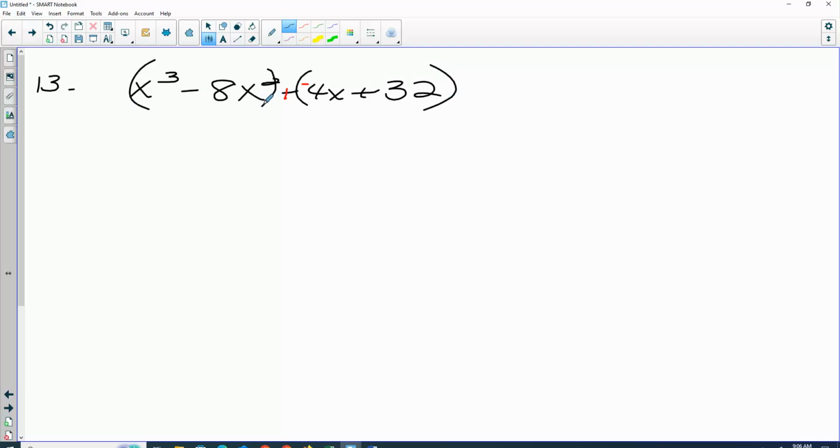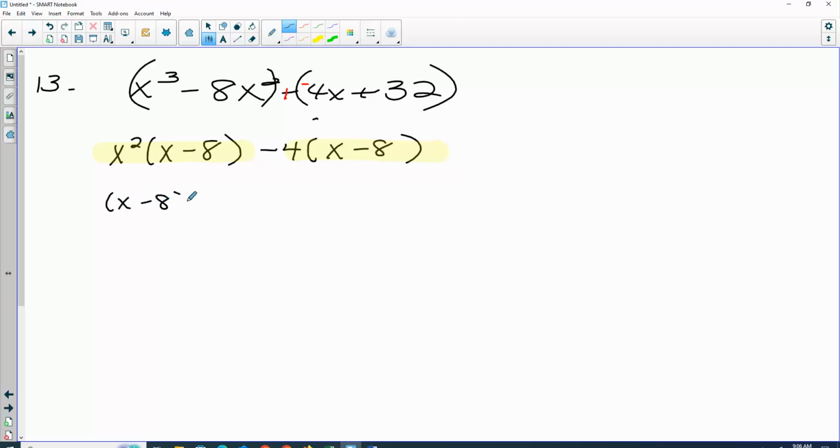The first 2, what can I take out of that parenthesis? x squared. And that would leave us with x minus 8. The second one, I'm trying to make the parentheses match. So what would I need to take out? Take out -4, then that's x minus 8. So now we look, we have 2 separate terms. What do both terms have? x minus 8.